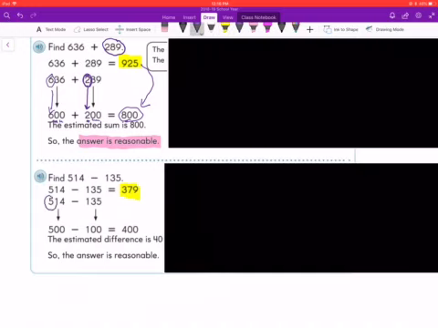I take that leading digit, put it down here, and put zeros at the end. Do the same with the second number. That 1 is the leading digit. Put it down here, and the zeros at the end. Nice, easy estimation: 500 take away 100 is 400. So now I'm asking myself, is 379 reasonable? Yes, because the two are close to each other. So the answer is reasonable.